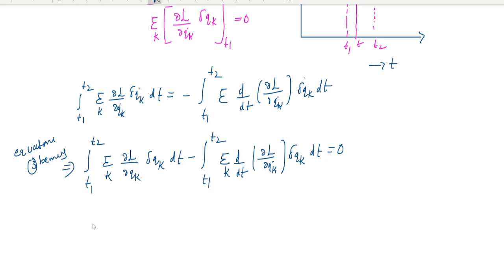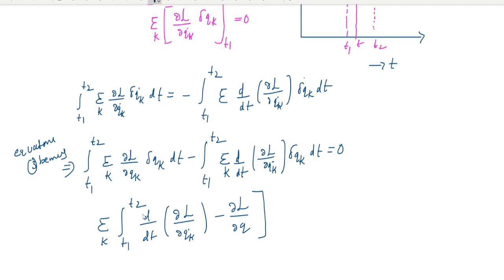So from this information I'm going to write this equation: summation over k, integral t1 to t2, minus d by dt of partial derivative of L divided by partial derivative of velocity, minus, here, dou L by dou q, these two terms are there, right? Write down these two terms, delta qk dt equal to 0.